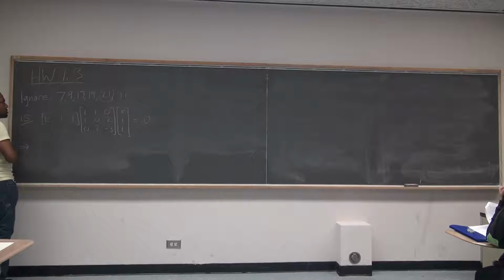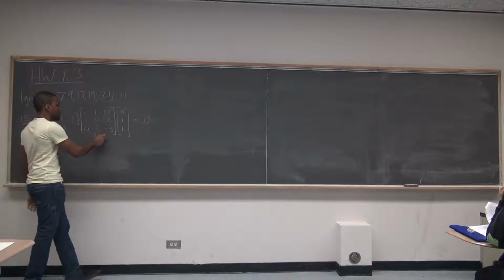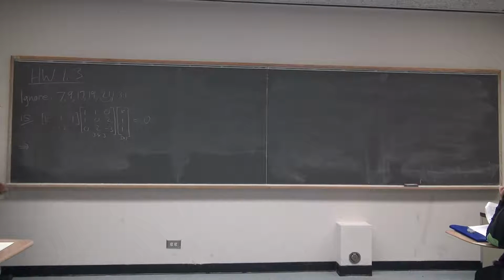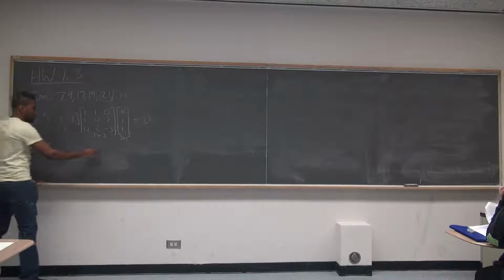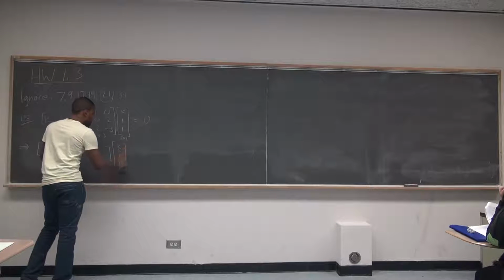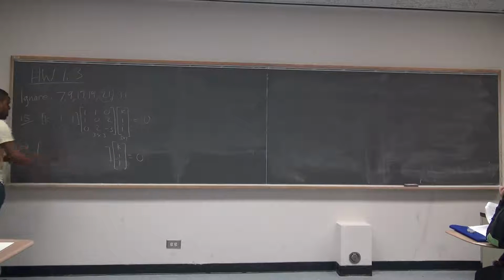First of all, what is the size of this matrix? This is 1 by 3, this is 3 by 3, this is 3 by 1. So when I multiply these two, what size should it be? It should be a 1 by 3. Now, what's the first element? k times 1 plus 1 times 1 plus 1 times 0.